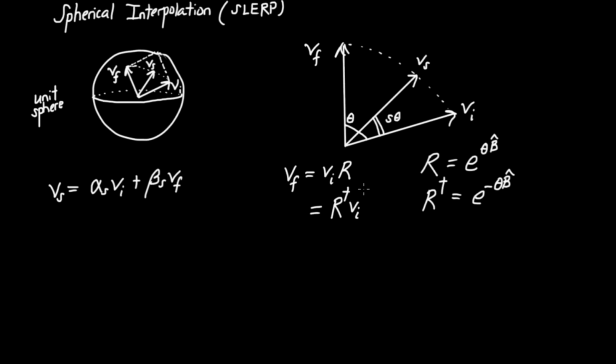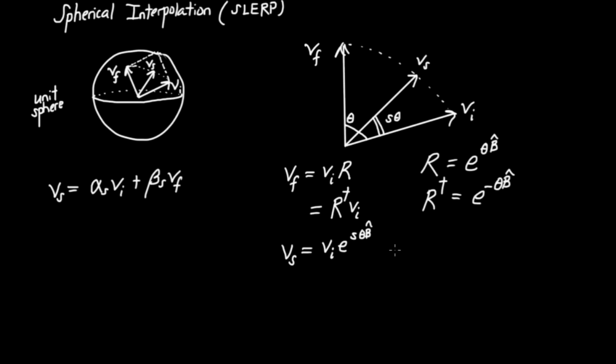Now, what I'd also like to observe here is that Vs is also a rotated version of Vi, again being operated upon by a rotor. So Vs is going to be equal to Vi times, again on the right, not e to the theta times b hat, but just s theta times b hat.